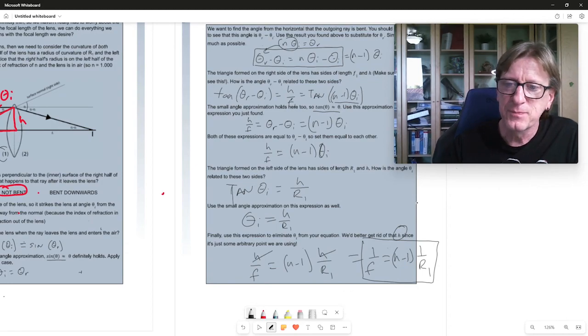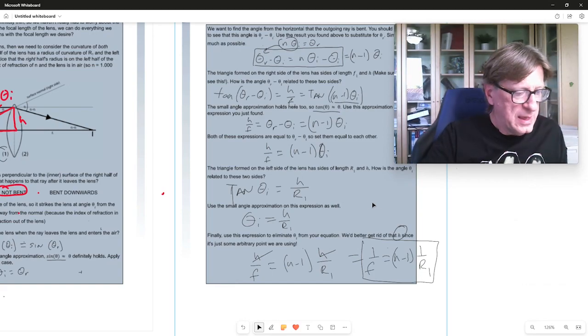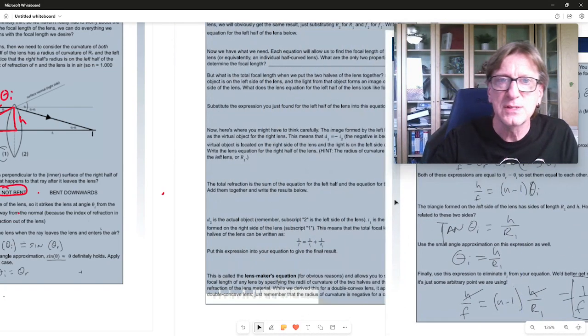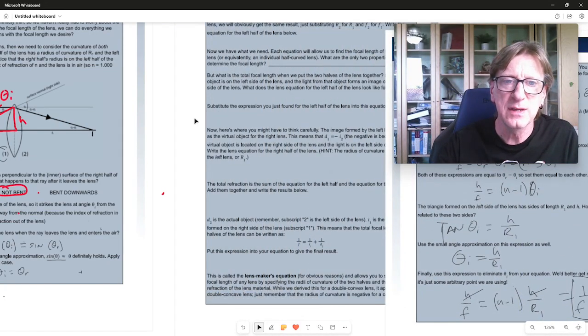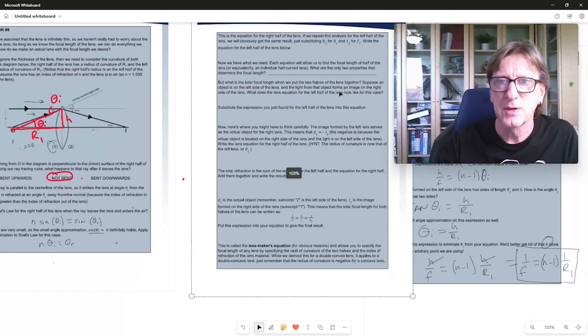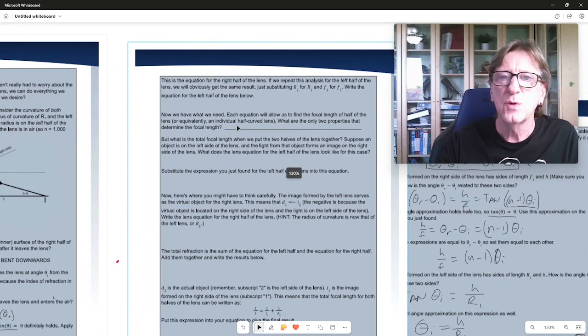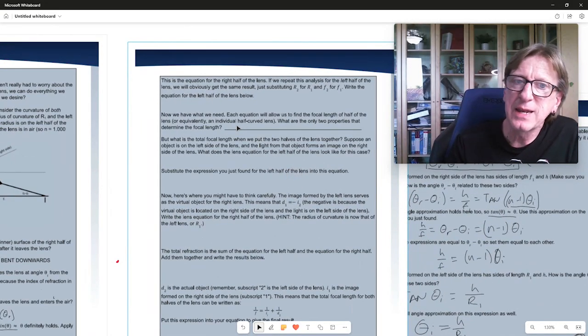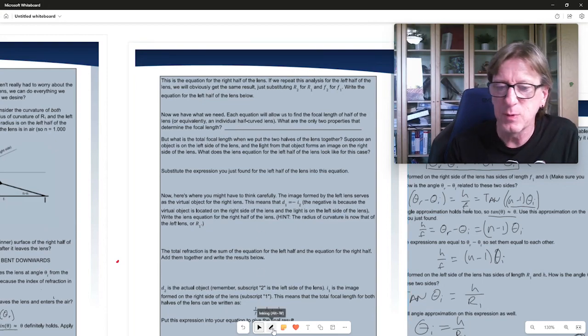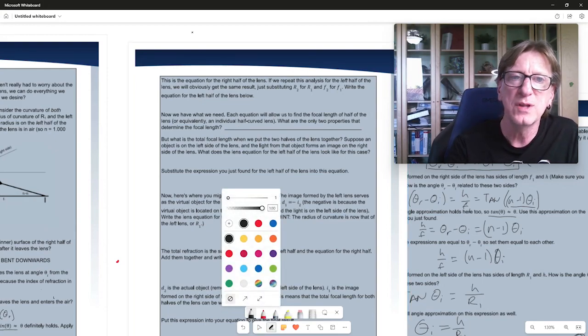All right. Now we can do this for the other half, and we're going to get something very, very similar. So we can repeat that for the left half of the lens, and we'll get exactly the same thing, but we're just going to substitute in our 1s for 2s.